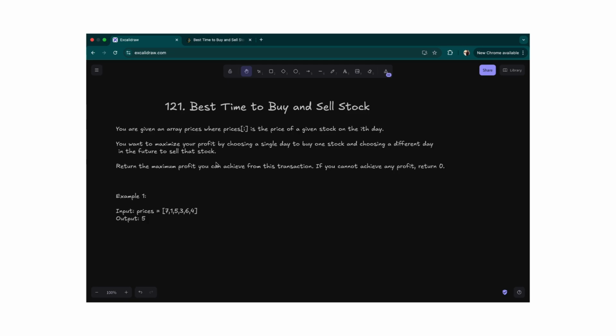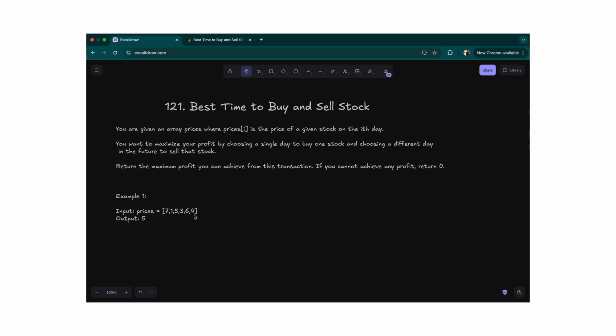So basically, let's go through the example. What it says is, we have been given an array of prices 7, 1, 5, 3, 6, 4, and we have to check on which two days, like when we have to buy and when we have to sell, so that our profit gets maximized.